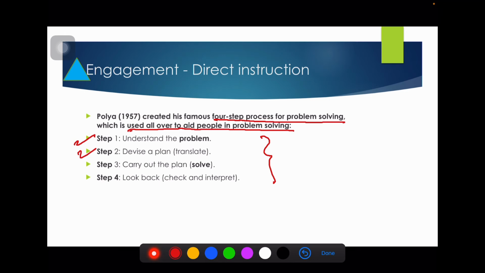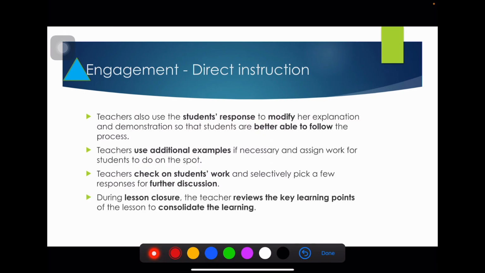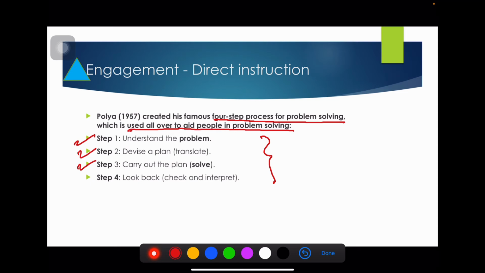How are you planning to solve the problem? Step 3, carry out the plan. That means you will solve the problem. And then step 4, look back, or you check to see if the problem has been solved. If not, go back to step 1, step 2, and step 3.